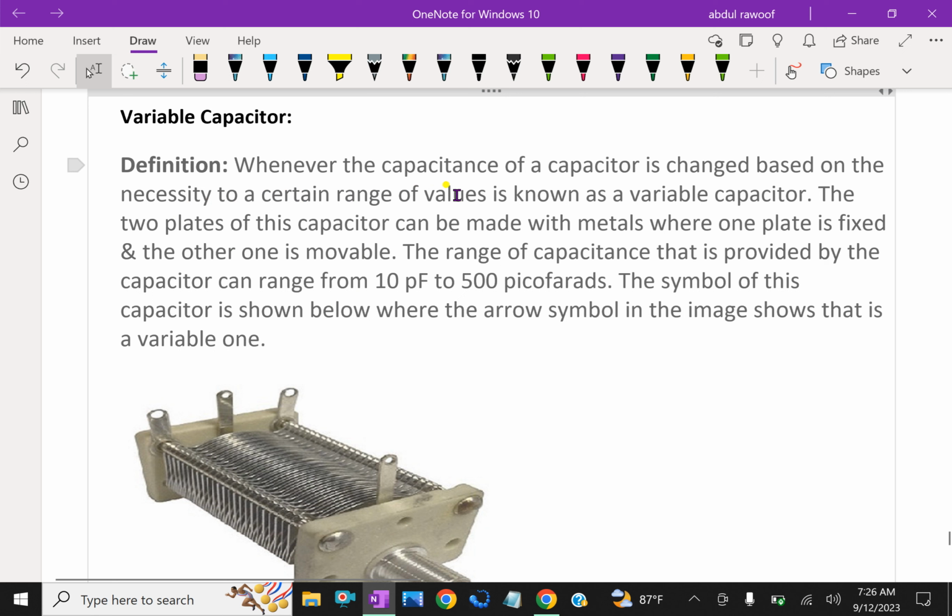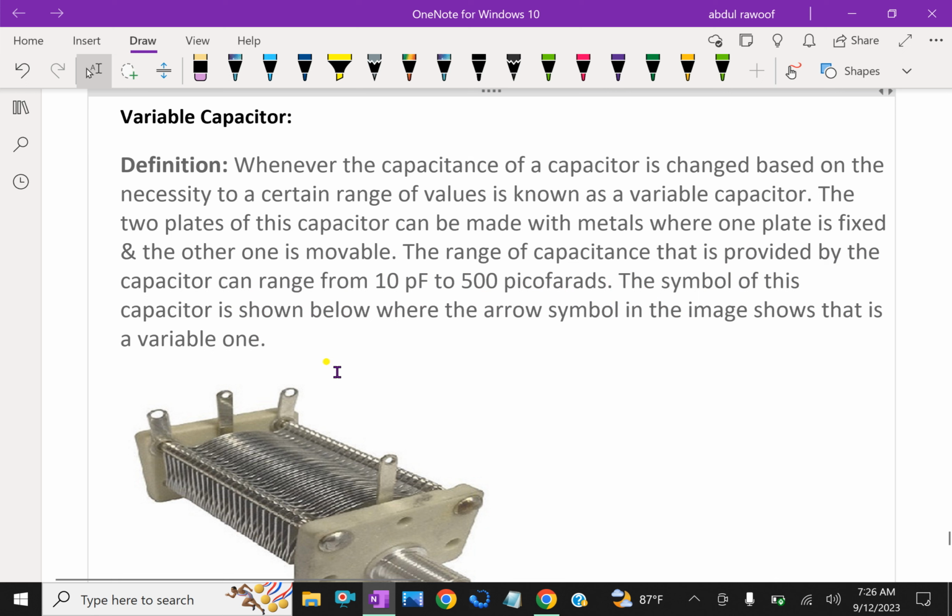Whenever the capacitance of a capacitor is changed based on the necessity within a certain range of values, it is known as a variable capacitor. The two plates of these capacitors can be made with metals, where one plate is fixed and the other one is movable. The range of capacitance provided can be from 10 picofarad to 500 picofarads.